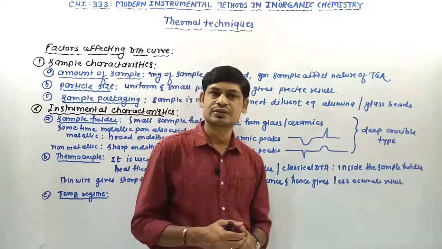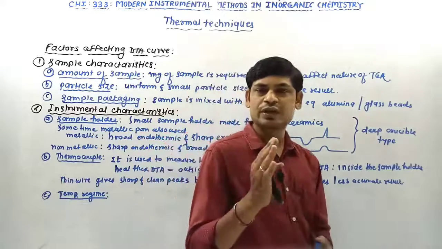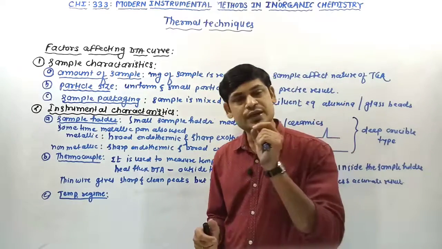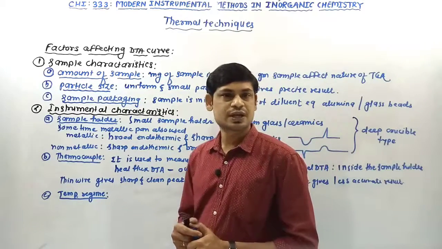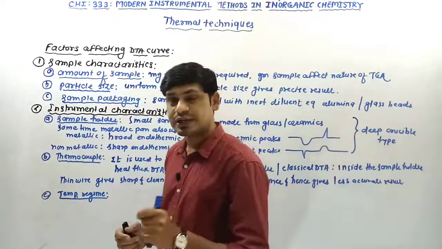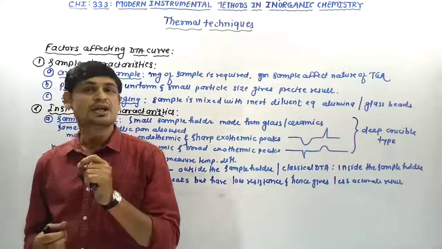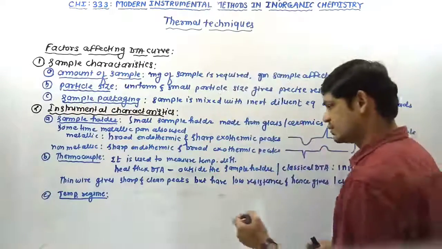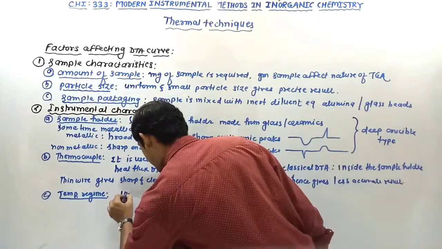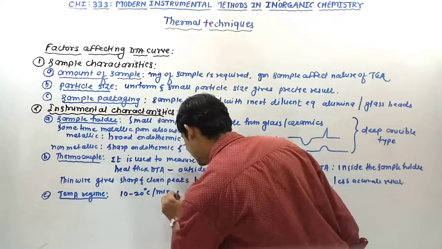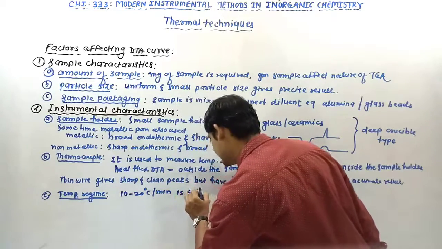If the rate of heating is low, it gives a broad peak, and if the heating rate is high, it gives a sharp and intense peak. So 10 to 20 degrees Celsius per minute is suitable.